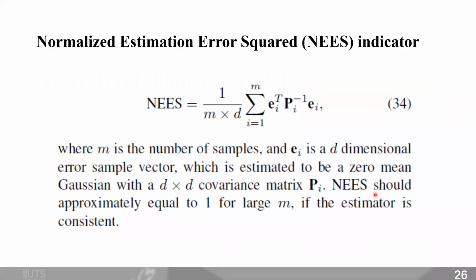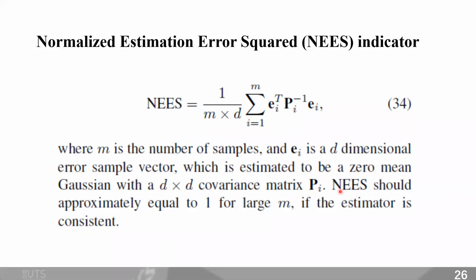To test inconsistency in simulations, we usually use the NEES indicator, which is defined as follows. M is the number of Monte Carlo runs. D is the length of the error vector e_i. P_i is the corresponding estimated covariance.